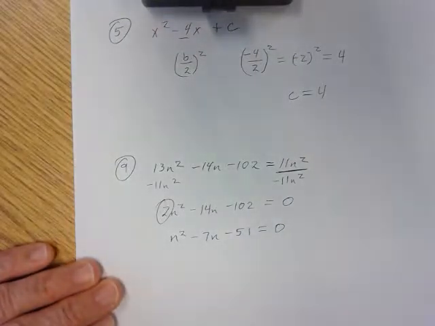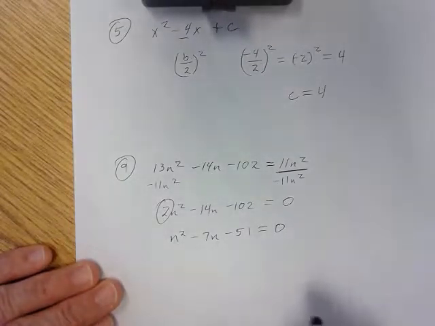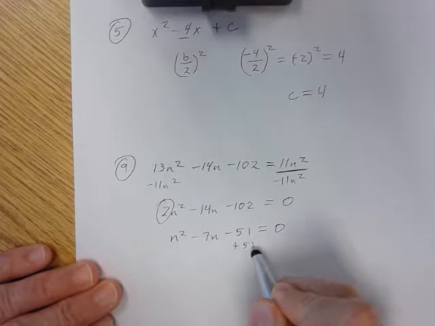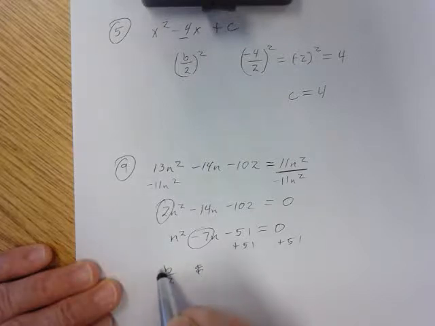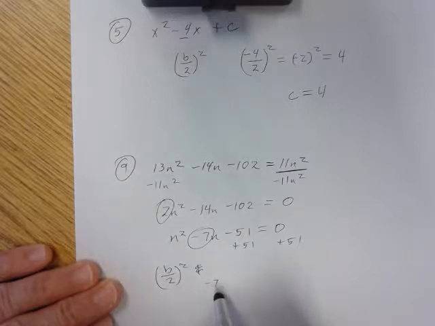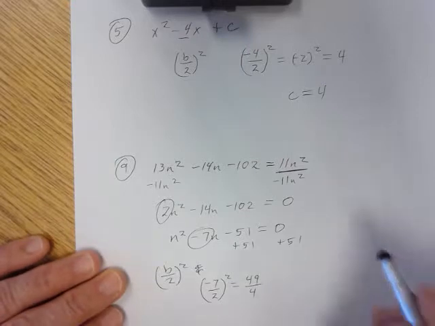Again, I don't see any way to factor this, and so I'm going to complete the square. That means add the 51 to each side, take the negative 7, divide it by 2. That's b divided by 2, squared, to complete the square. That's going to be negative 7 over 2, and then square that, which means 49/4 I'm going to add to each side.